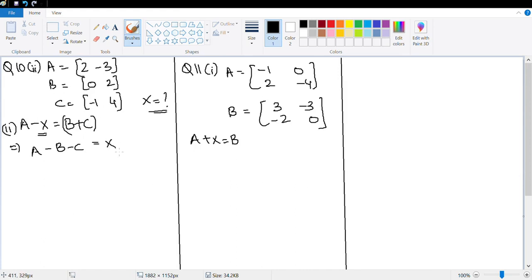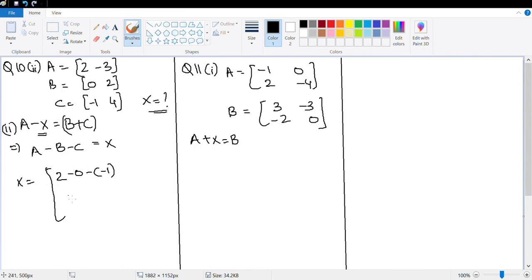Let's check it again if I'm doing it correct. So A minus X is equal to B plus C. So it will be A minus B minus C is equal to X. Perfect. This is fine. So X will be equal to A, which is 2, minus B, which is minus 0, minus C, which is minus of negative 1. This is my first row, first element.